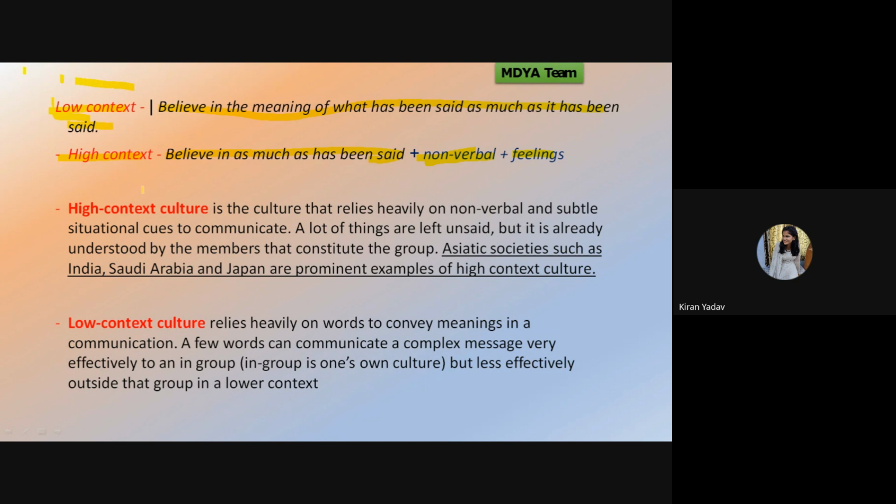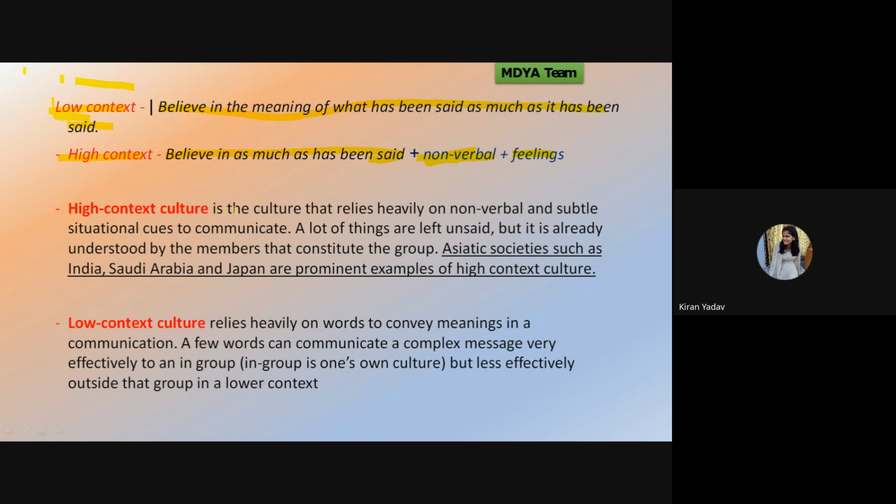All the members of a high context culture have a common history and common background, and they understand the cultural context also, which allows a high degree of mutual understanding. So they do not solely rely on verbal communication.